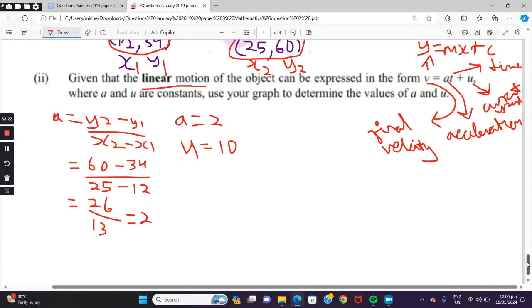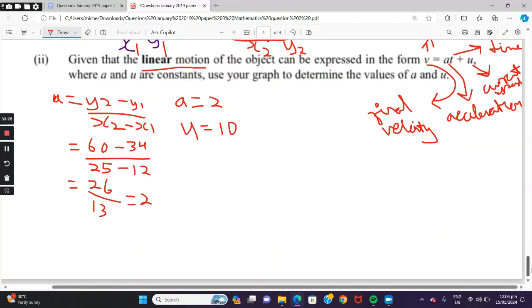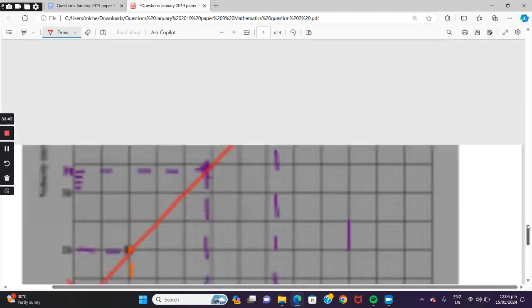And since 10 is on the y-axis, it represents speed, so I have to put that with meters per second, because we deal with velocity, right? 10 meters per second. So this vehicle or object is moving 10 meters every second. All right? And it has a gradient of 2.